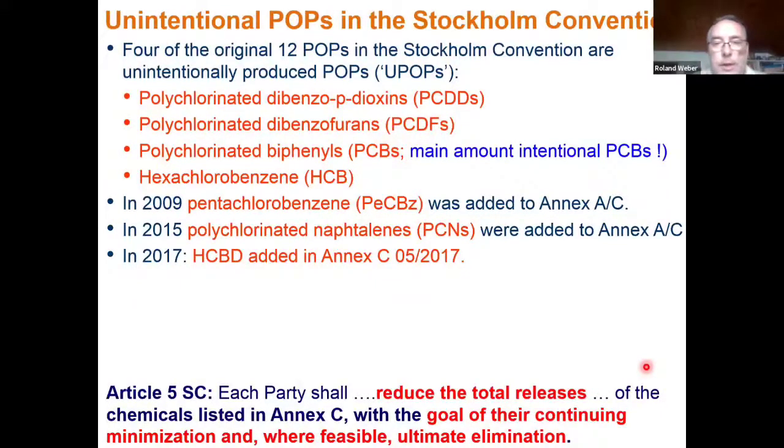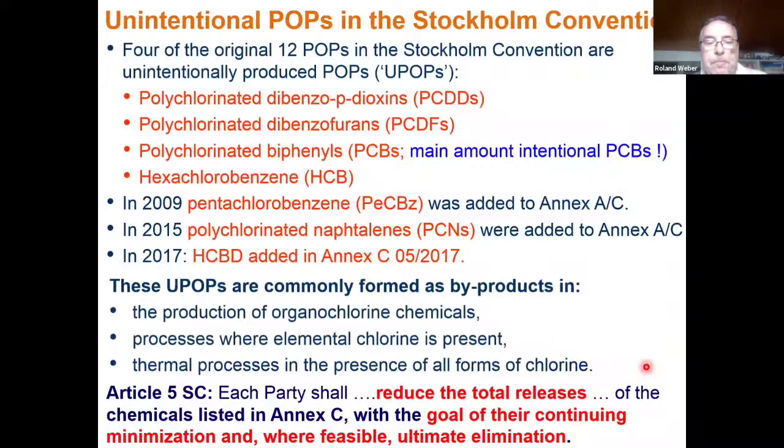So here you need to distinguish between unintentional PCBs and intentionally produced PCBs. The same for hexachlorobenzene. And then in 2009, pentachlorobenzene was listed and added to Annex A and C. Polychlorinated naphthalenes were added in 2015 to Annex A and C. And in 2017, hexachlorobutadiene was added to Annex C.